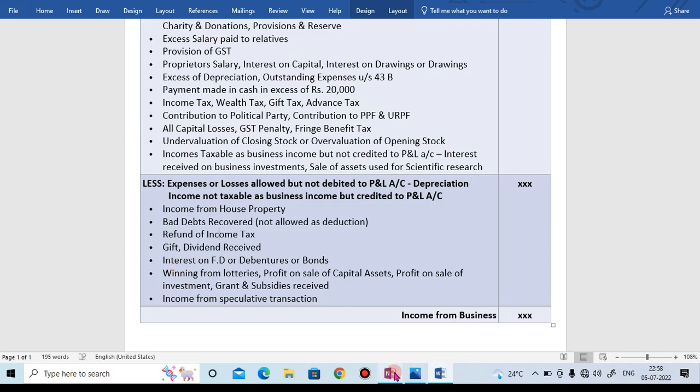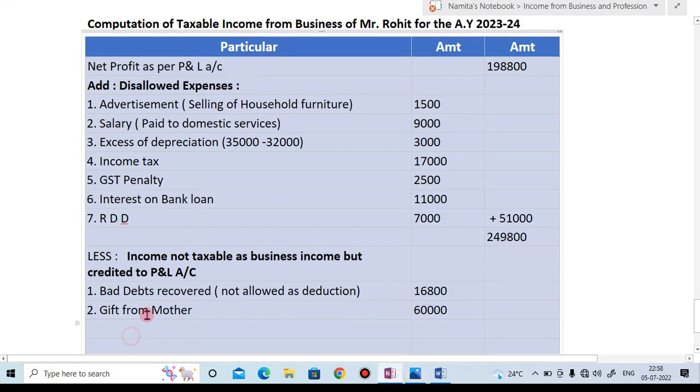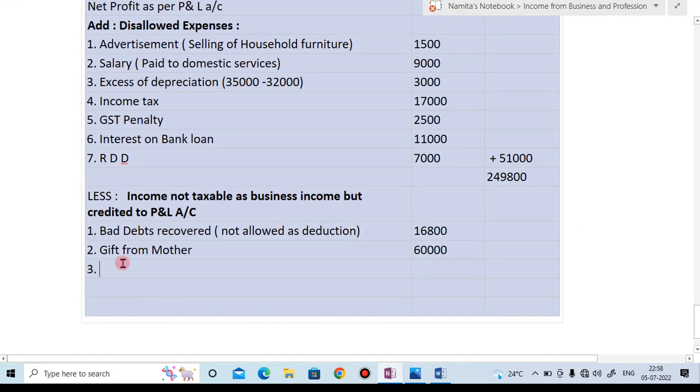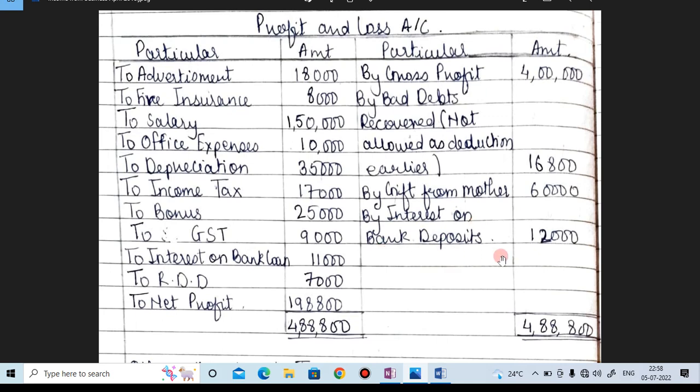This interest on bank deposit is a personal interest which Mr. Rohit is getting. It is not related to the business. Next will be interest on bank deposits, 12,000. This was the last one.